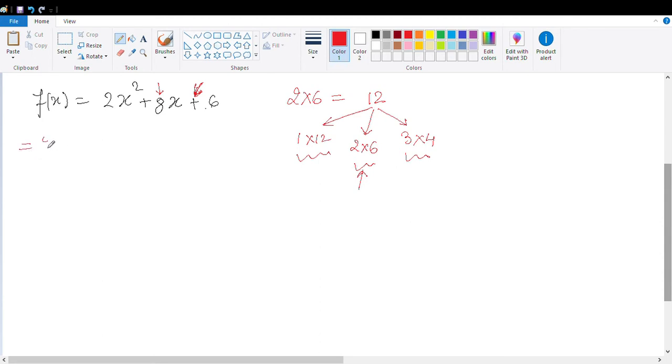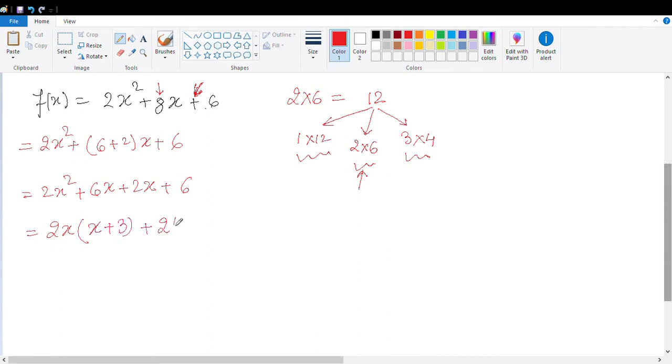So this is 2x square plus 6x plus 2x plus 6. From the first two terms we can take 2x common, that will be x plus 3, and from the last two terms we can take 2 common, that will be x plus 3 again.